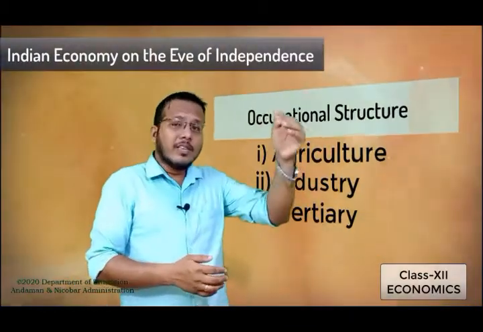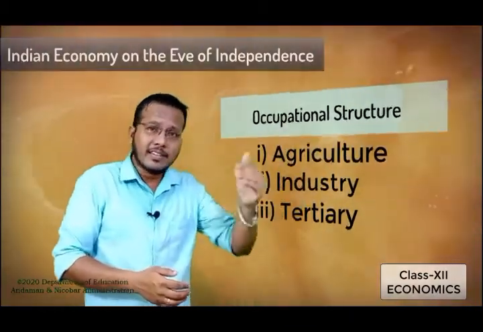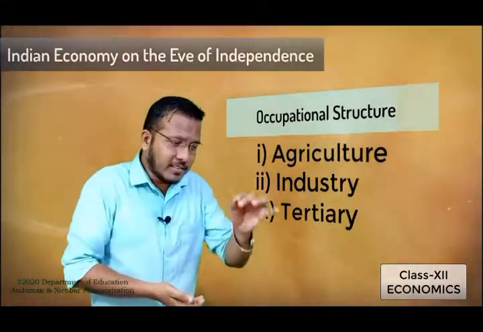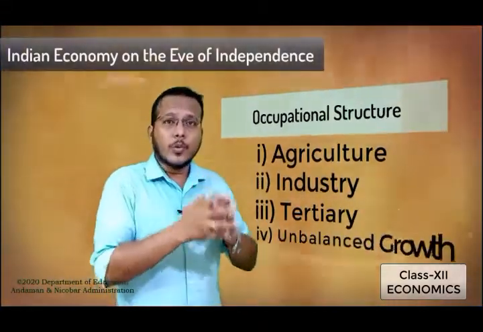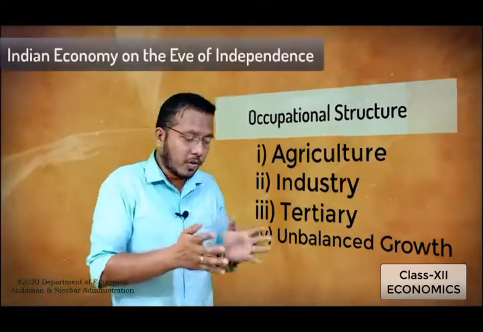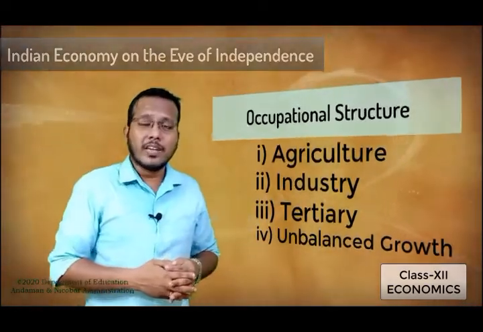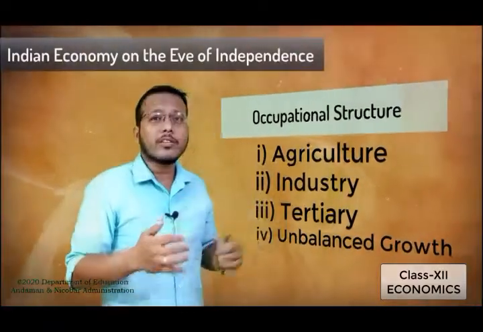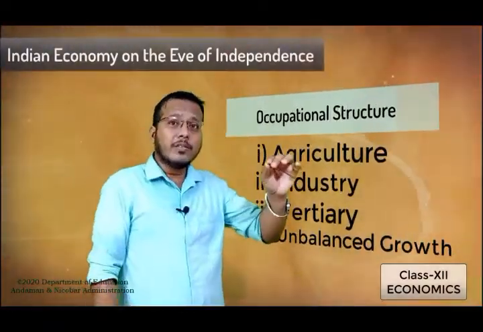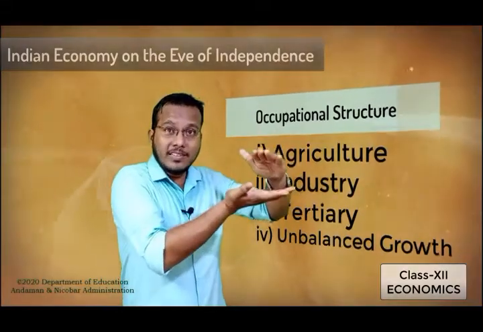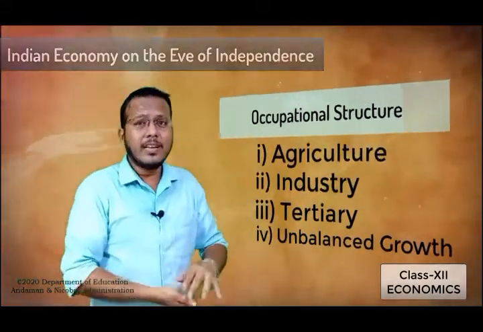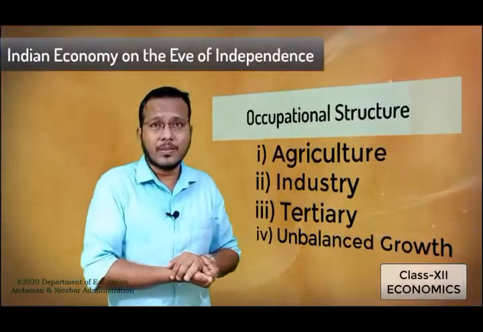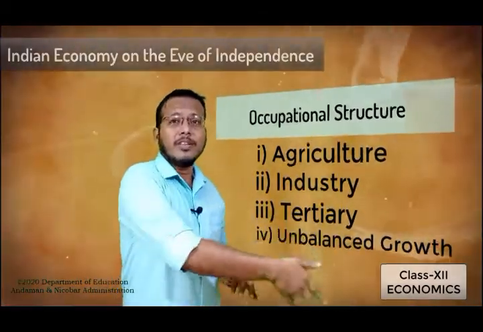So students, these agriculture, industrial and tertiary sectors, that is the primary, secondary and tertiary sectors, showed an unbalanced growth. When we talk about the occupational structure, we had an unbalanced growth in these sectors. That means, as I told you, nearly 72% of the population depended upon only one sector, agriculture, and only 9% of people depended upon the industrial sector, and 17% on the tertiary sector.